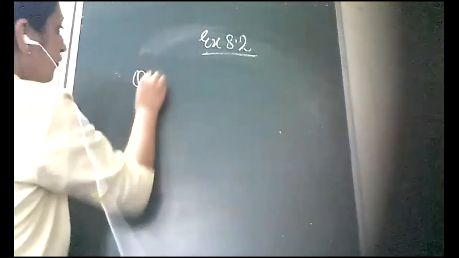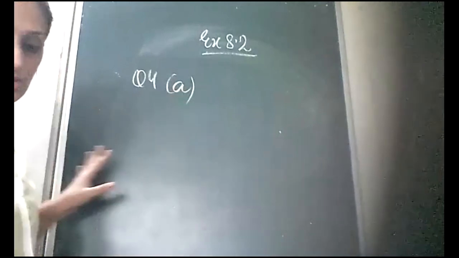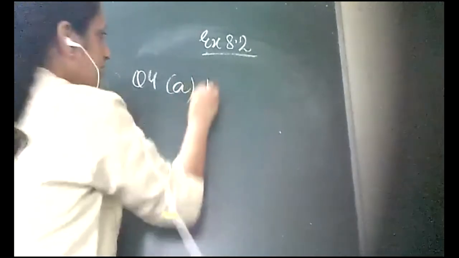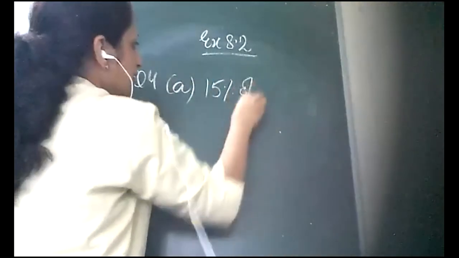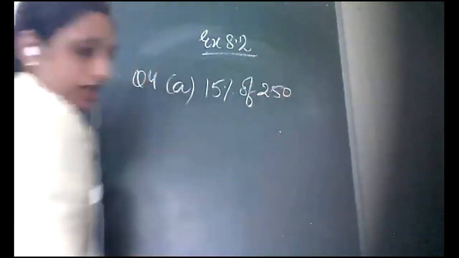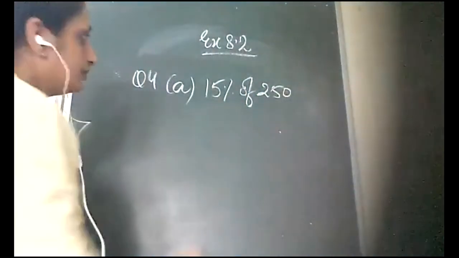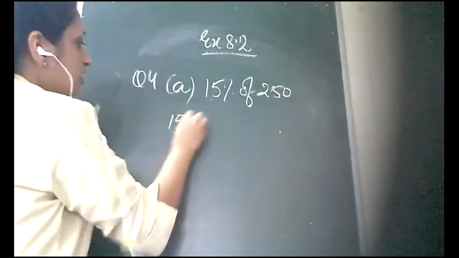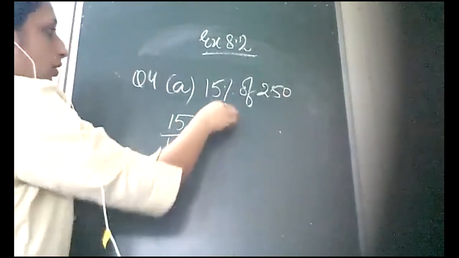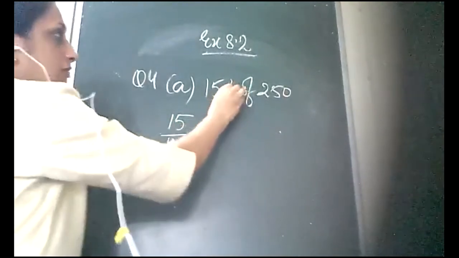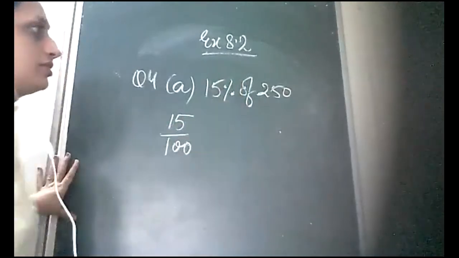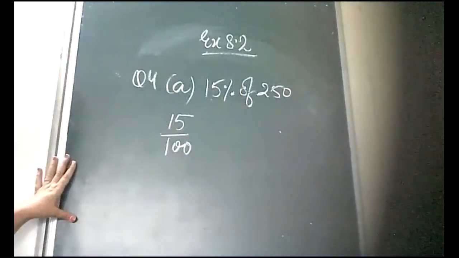So in question number 4, A part, 15% of 250. You have to find the value here. So 15% means 15/100, because percent sign means 100th.